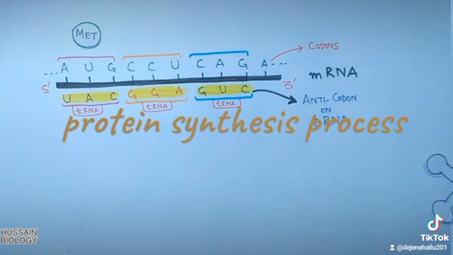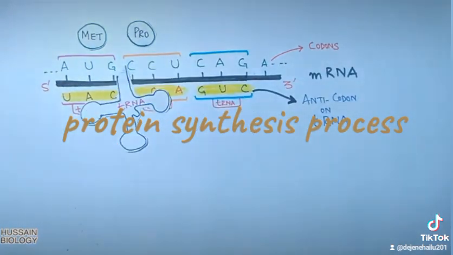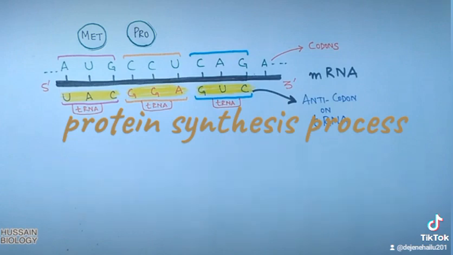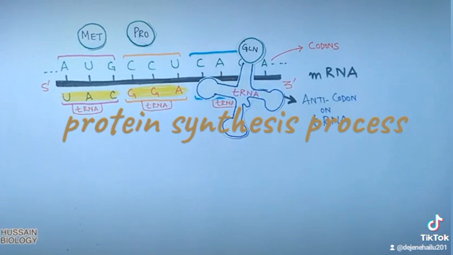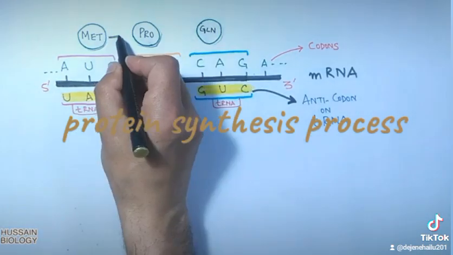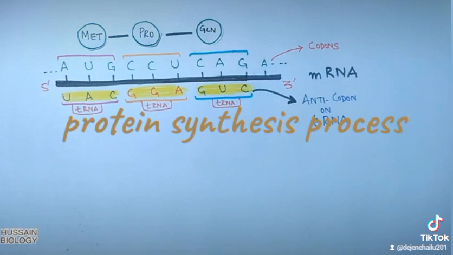The second charged tRNA comes in and gives off its amino acid according to the codon present, which is proline here. And finally, for CAG codon, the charged tRNA comes in and elongates the chain with another amino acid, and in that case we have the glutamine. So this is the general mechanism of translation. The complete mechanism will be discussed in another part.